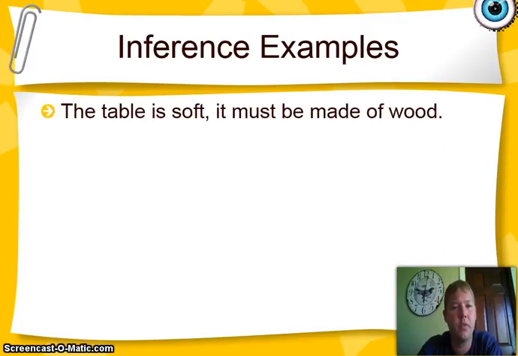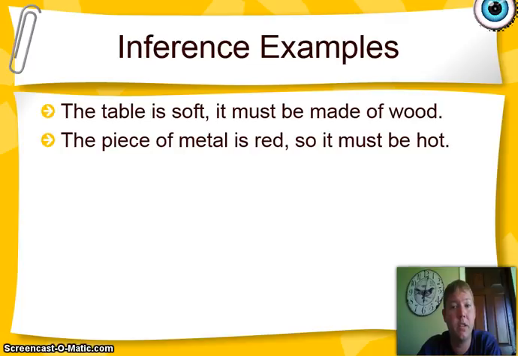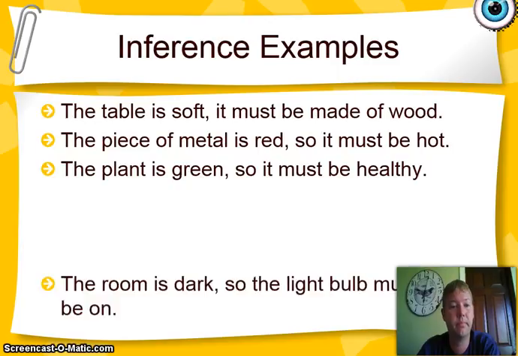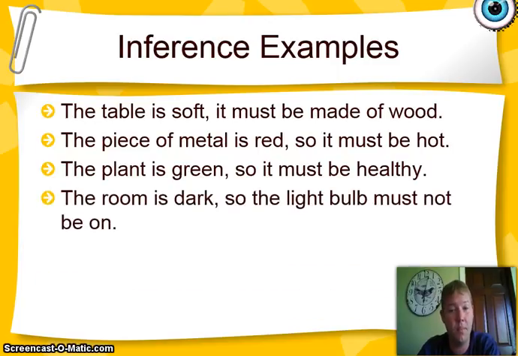Here are some more inference examples for you. The table is soft. So why is it soft? Well, it must be made of wood. If it was made of metal, it's not going to be soft. The piece of metal is red, so it must be hot. Based on prior experience, when I see metal glowing, it's probably pretty hot. The plant is green, so it must be healthy. The room is dark, so the light bulb must not be on.